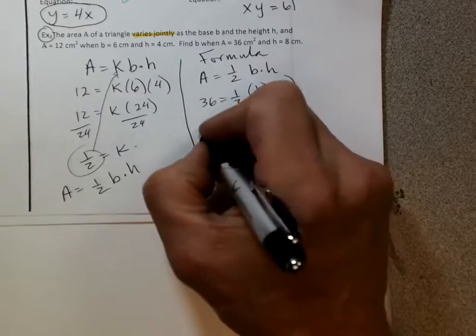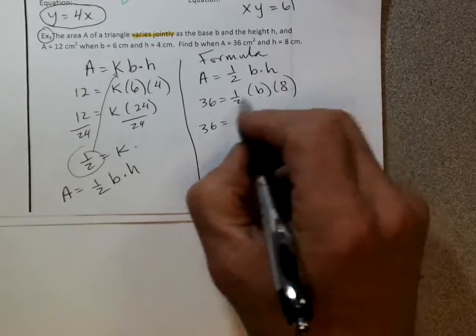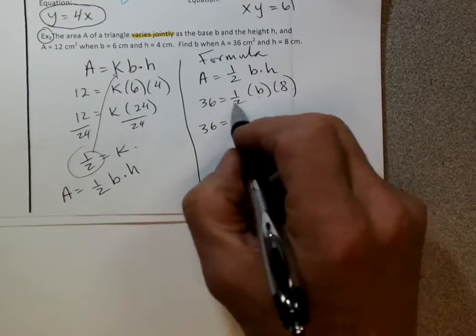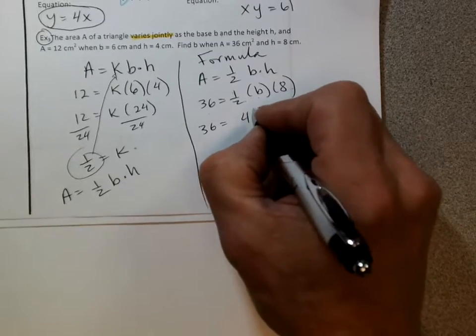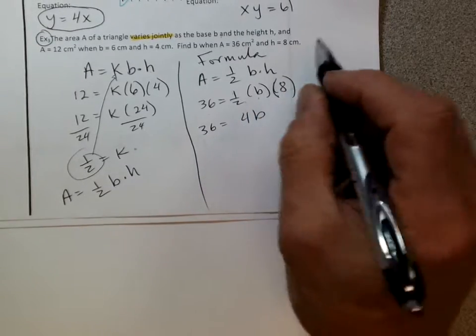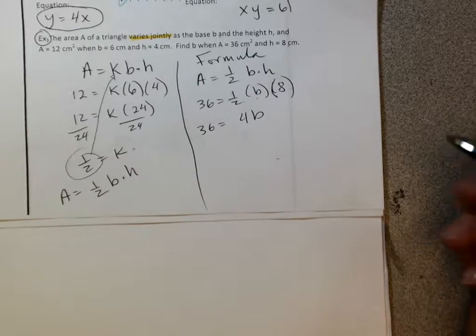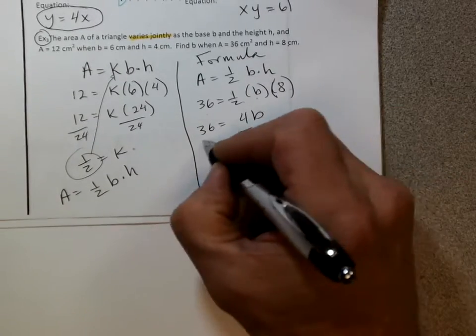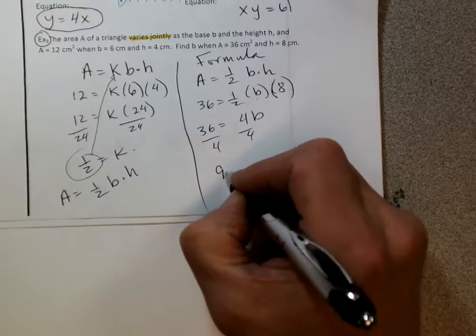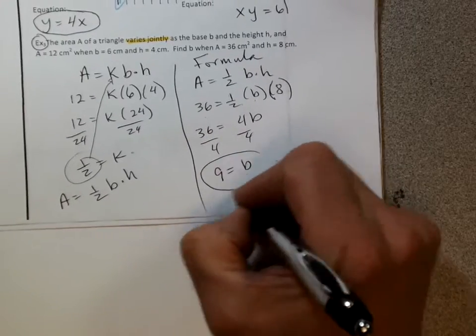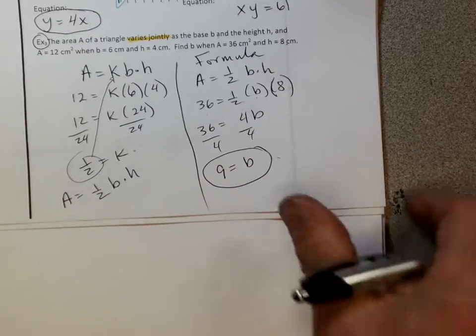So 36 equals, well, half of 8 is 4, and it comes from right there, right? Divide by 4, and what do we get? We get 9.